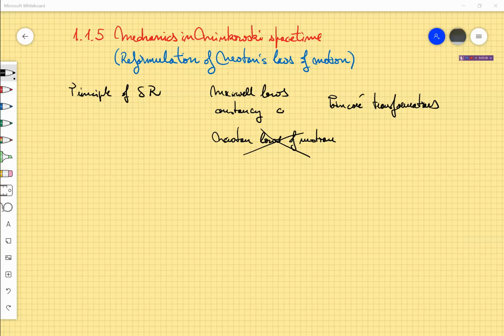So we are going to demand Poincaré invariance, plus the right non-relativistic limit.